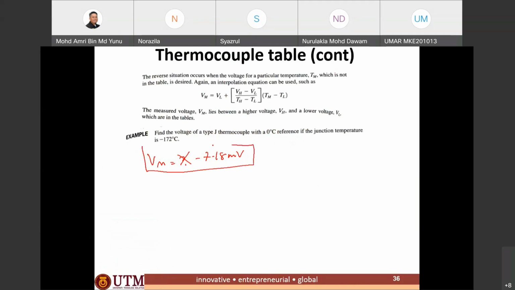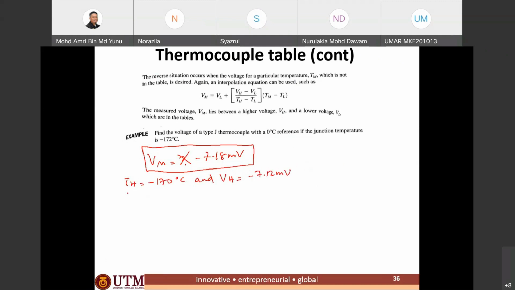We assume that it is not available on the table, so we choose 2 points. The first point, TH, we chose negative 170 degrees Celsius and the corresponding VH is negative 7.12 millivolt.